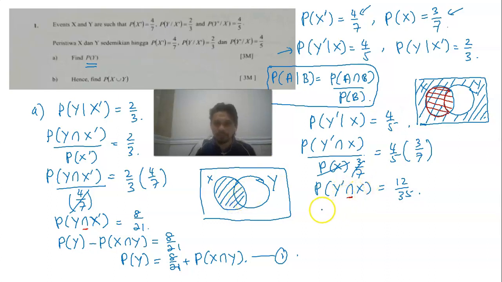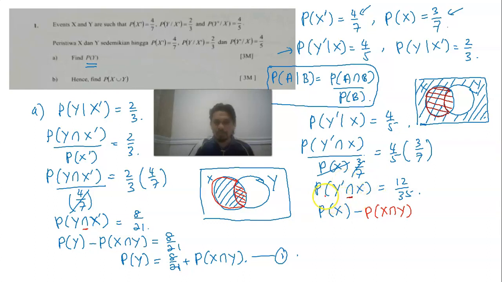This one we also define as probability of all x minus the element of x intersect y. Okay, minus probability of x intersect y. So the whole x minus the intersection area, then we'll get this part here now.